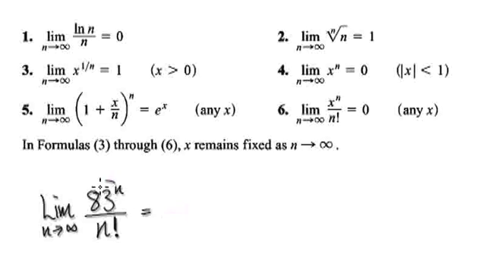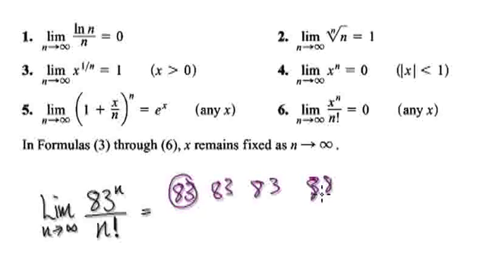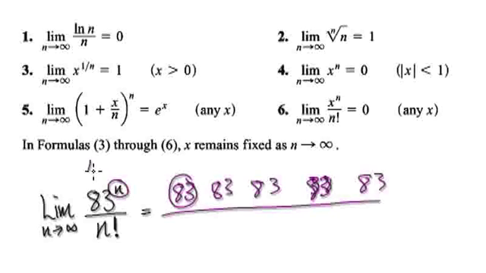If you think about it, what's happening up here would be 83 times 83 times 83 times 83, and so on. What's happening down here? Well, let's say n is 100, as n tends to infinity.